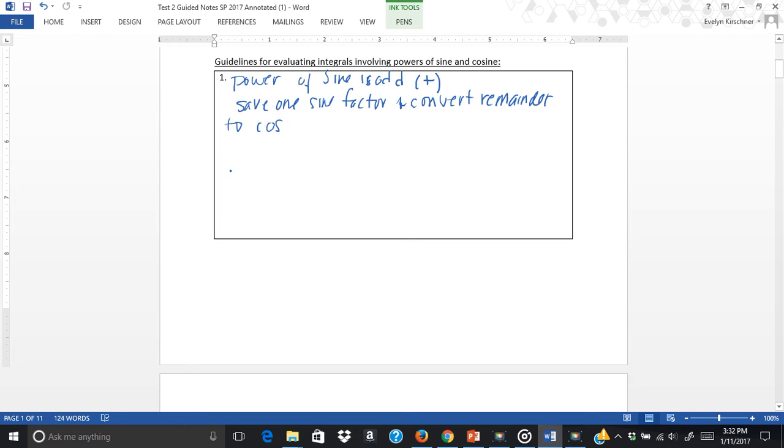So what I show you is if I have sine to the 2k plus 1 of x, cosine n of x dx, notice this is odd. Okay, so I'm going to rewrite it as the integral of sine squared x to the k power.